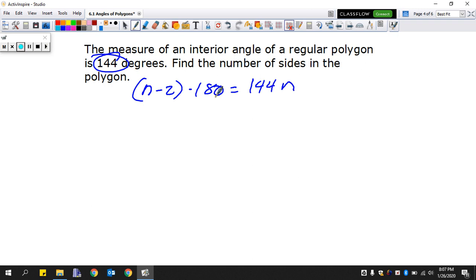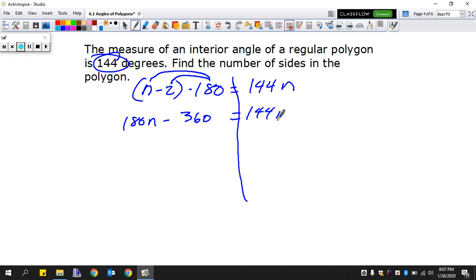Same as here. So okay, when we solve this, we can distribute this 180 times each of these, both of these. So that's 180n minus 180 times 2 is 360 is equal to 144n.